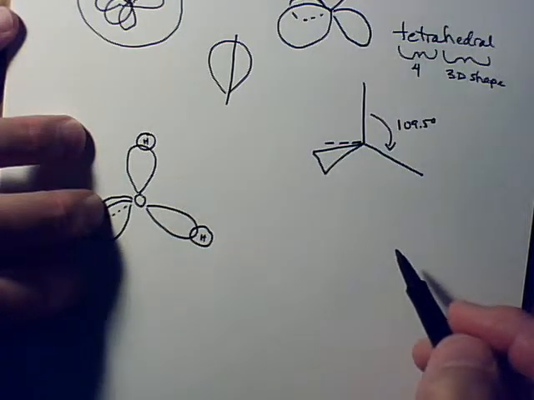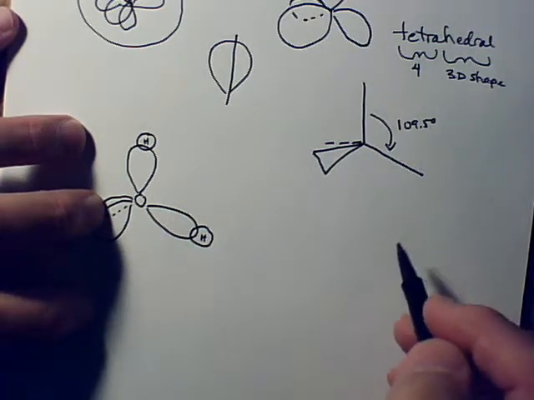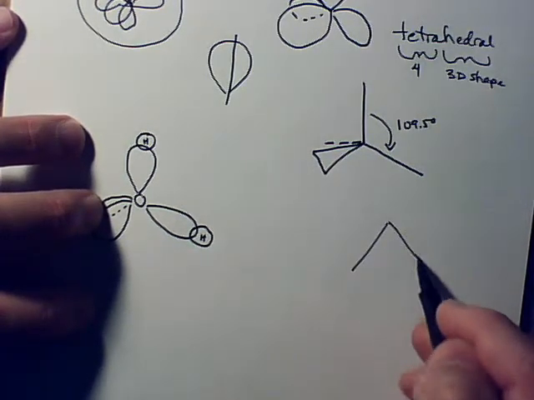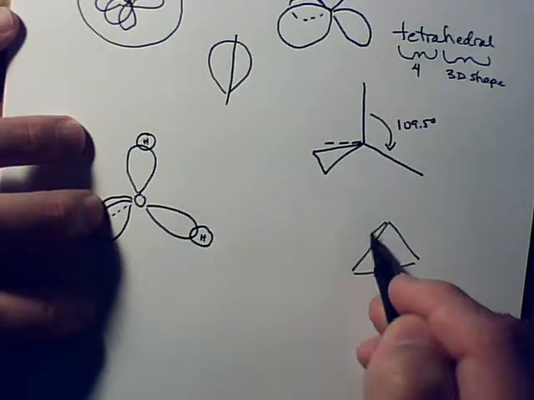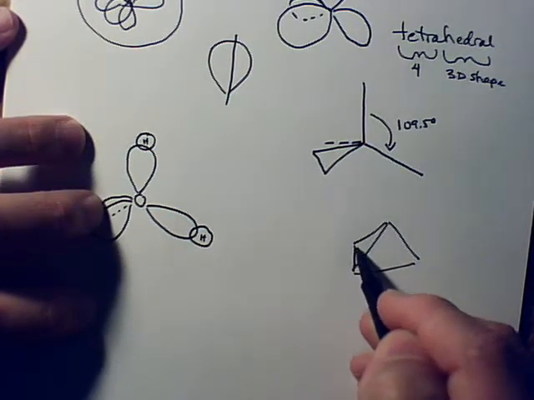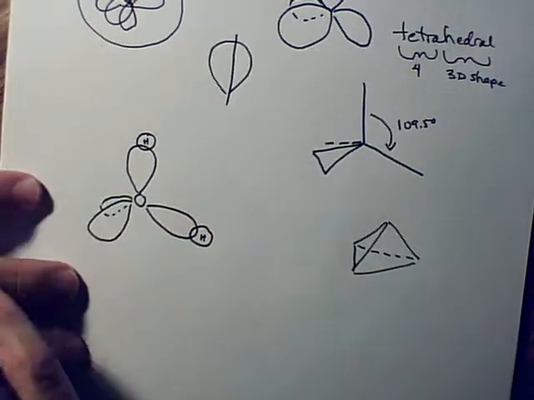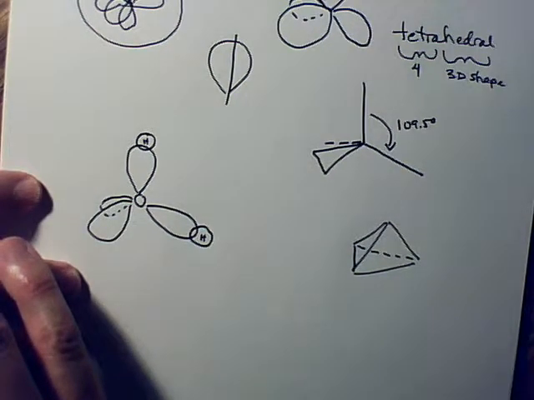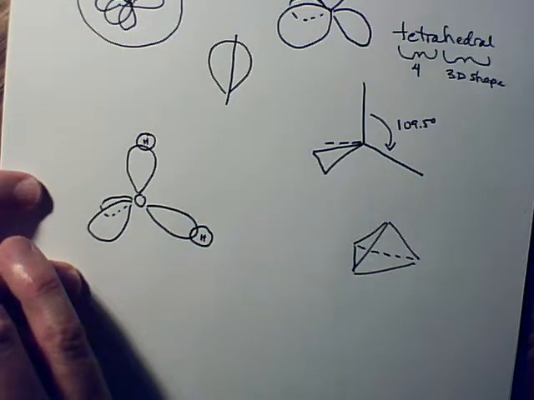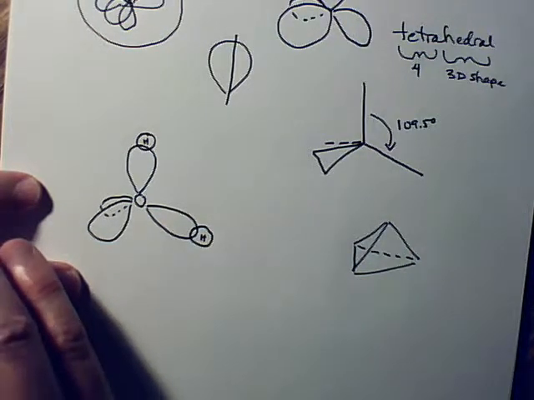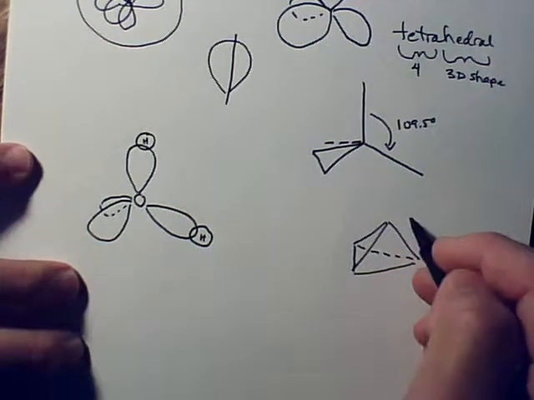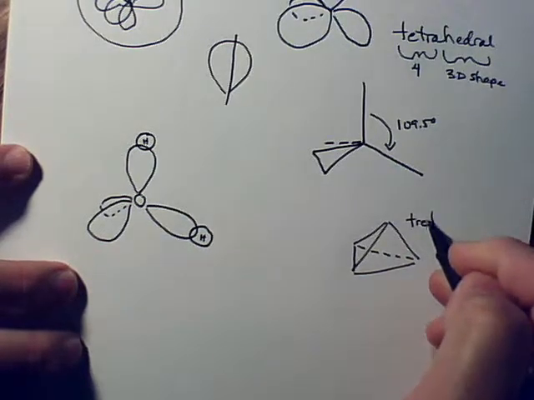A tetrahedron has just 4 corners. It looks kind of like this. There's a tetrahedron. So it's a pyramid. It's kind of a 3-sided pyramid. Not a 4-sided pyramid, but a 3-sided pyramid. Okay, so this is a tetrahedron.